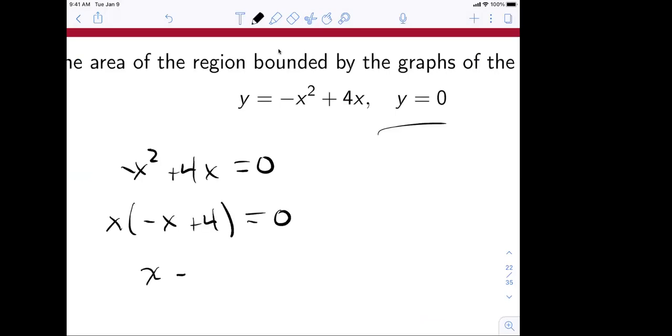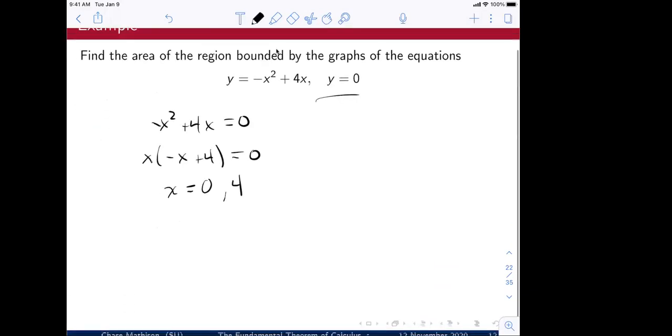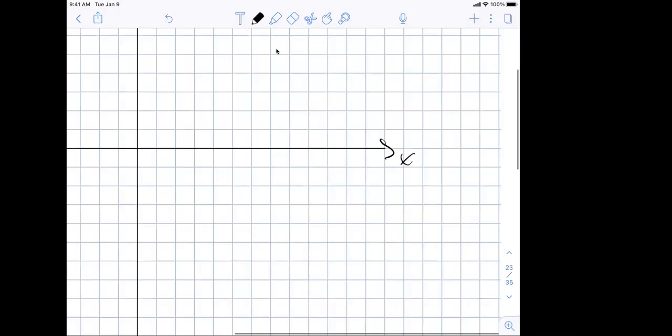So what is x equal to? 0. And if negative x plus 4 is 0, then x has to be positive 4. Very good. So this parabola opening down has a zero here, and at 4. And so it looks something like this, okay?